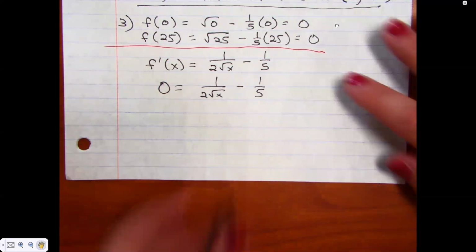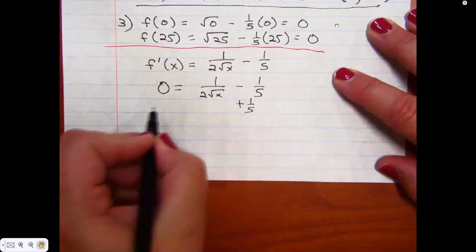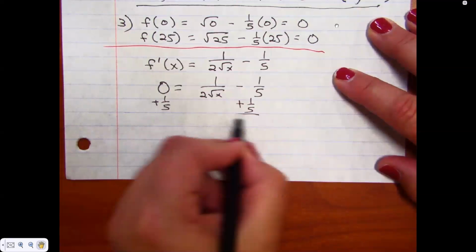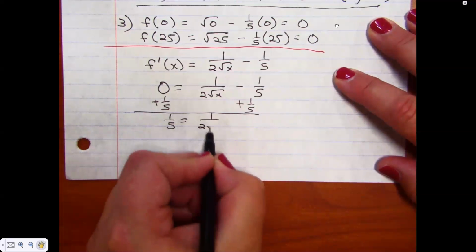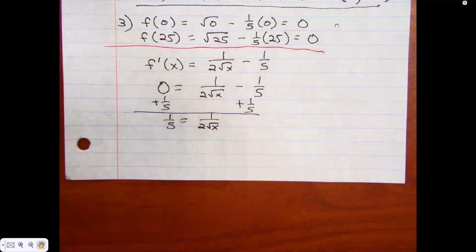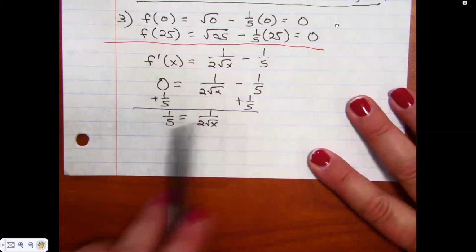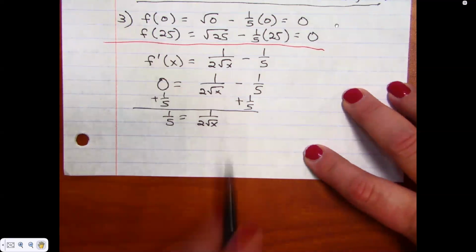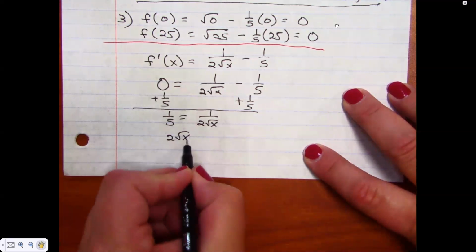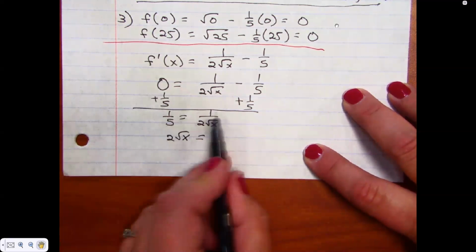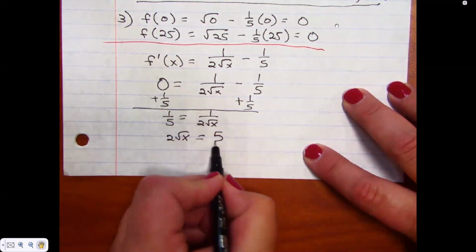We're going to add 1/5 to both sides. So 1/5 equals, and this is kind of nice because now I have just one fraction on each side. So I'm going to cross multiply. Or you could just flip the whole thing over because 2 times the square root of x times 1 equals the other diagonal, 5 times 1, which is 5.